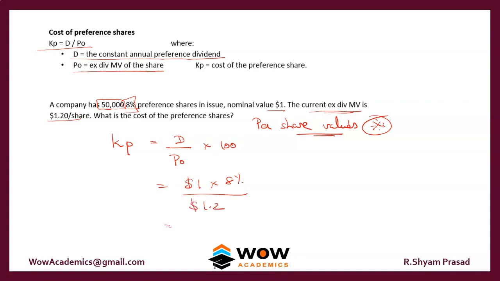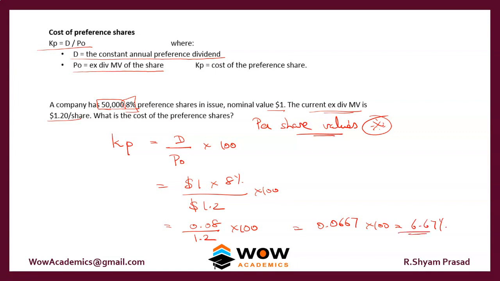So we can quickly solve it. The answer would be, the numerator is 0.08 divided by 1.2 into 100. So the formula is always into 100, which gives us 0.0667. So if you take it as 100, that would be in percentage, that is 6.67 percent.